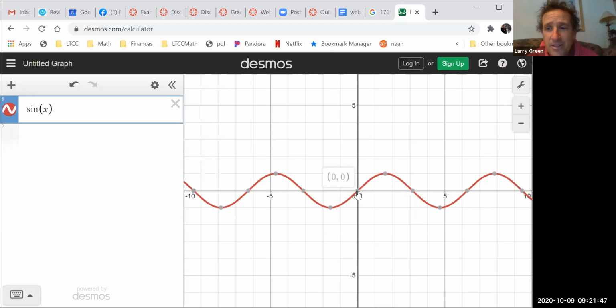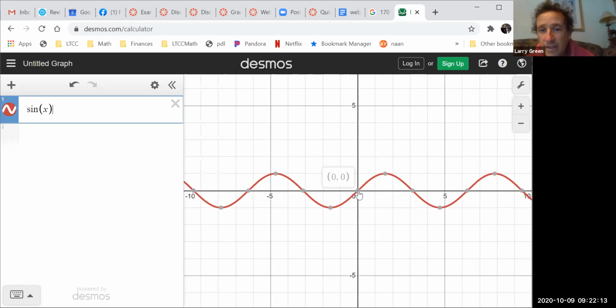So what I want to do is look at the graph and see if from this graph we can say what the derivative is. Well, let's start at 0. What is the derivative about at 0? Again, you want to look at the tangent line, and you want to say, what is the slope of the tangent line for sine of x at the point 0, 0?